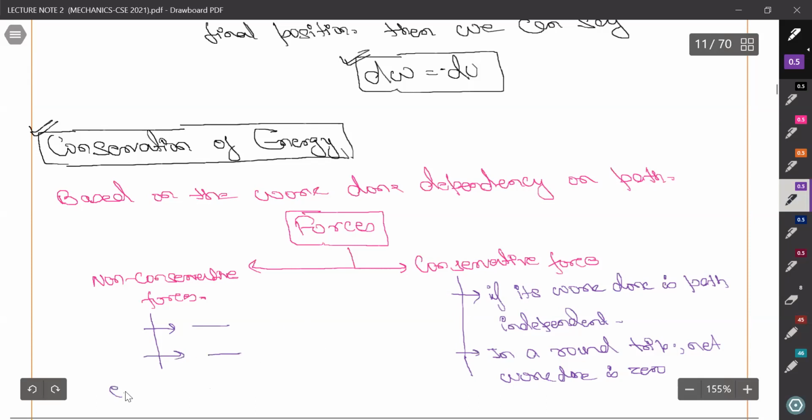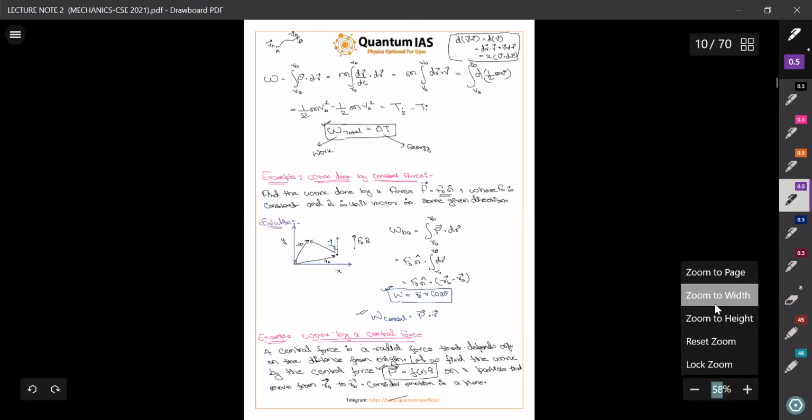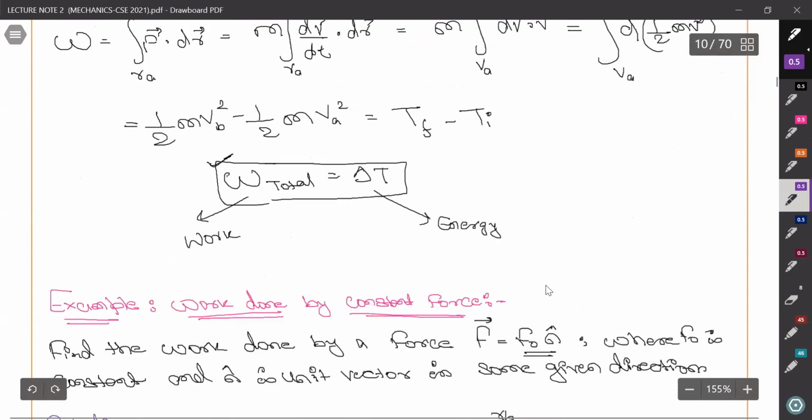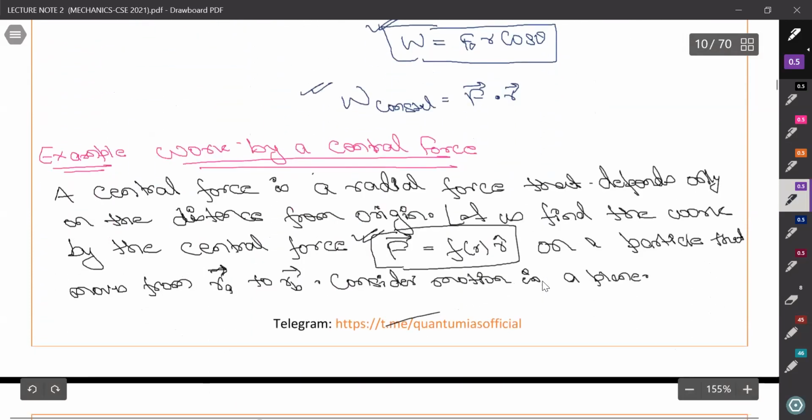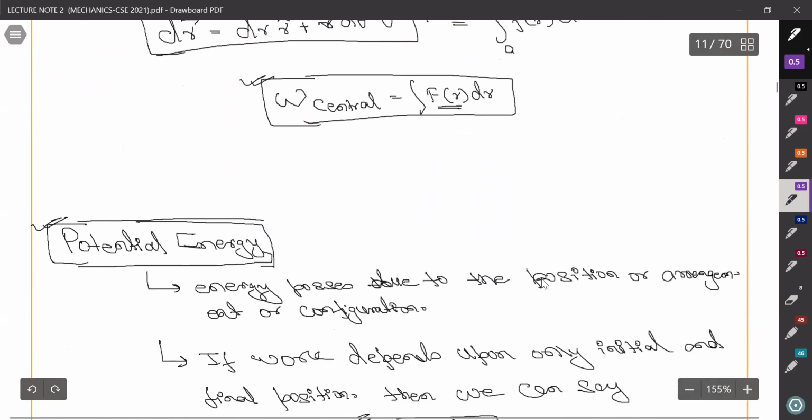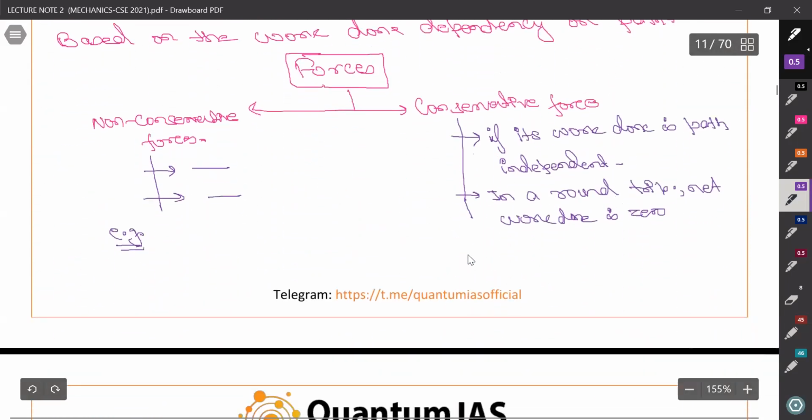Okay, if we find the example, forces that depend upon velocity are basically non-conservative in nature. For example, viscous force, okay, friction force, okay, damping force.